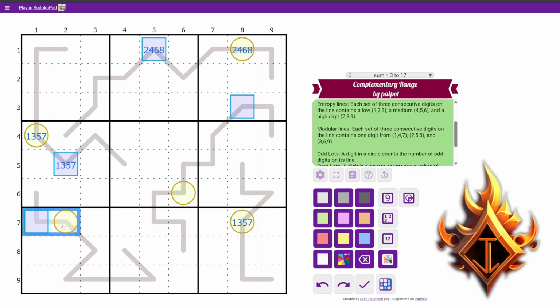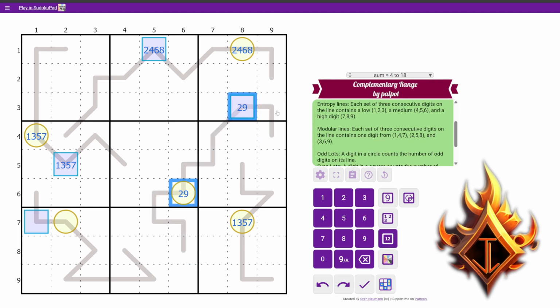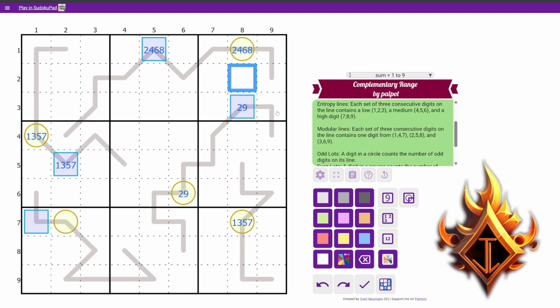This has to have a 9. So it was 11. So it will be 9, 2. And now this cannot be 2, 8.